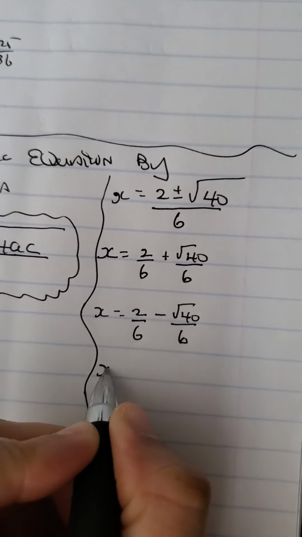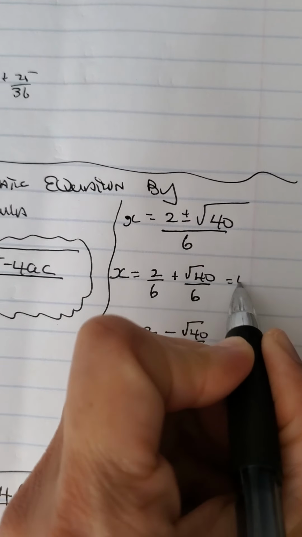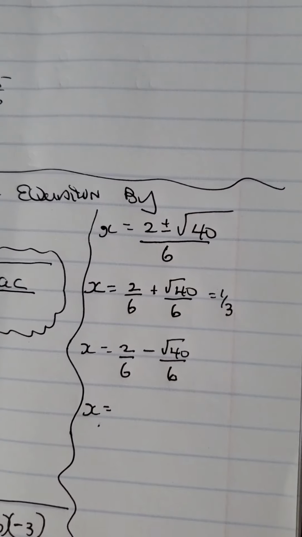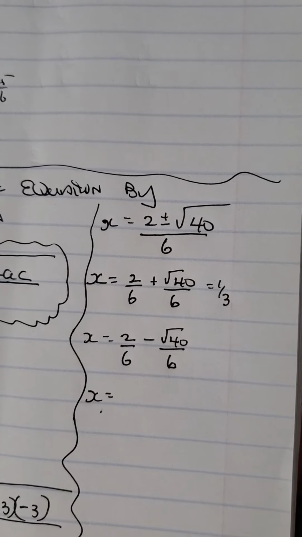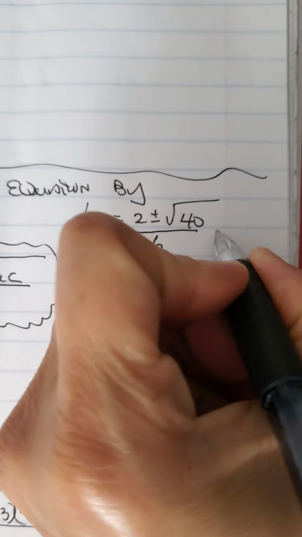So this is actually x is equal to 1/3, and root 40 is actually 2 root 10.